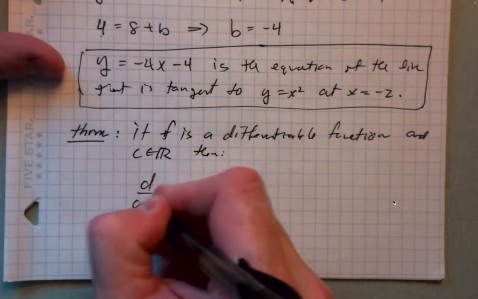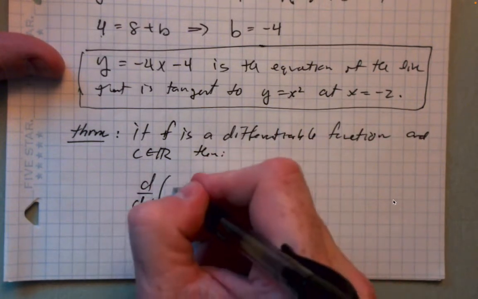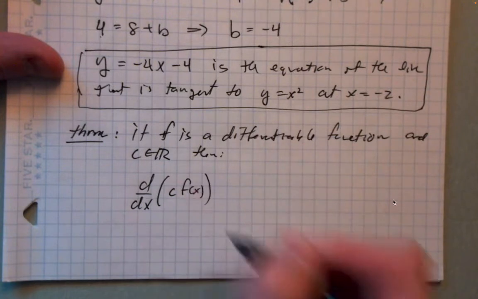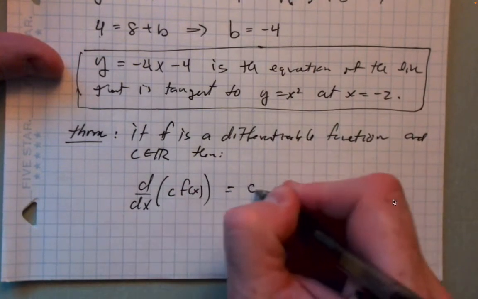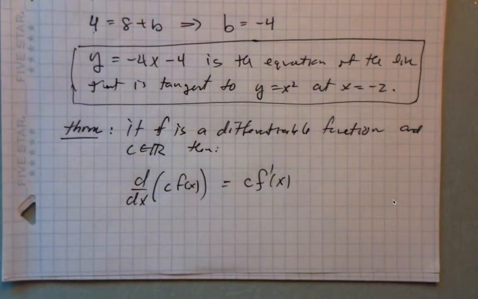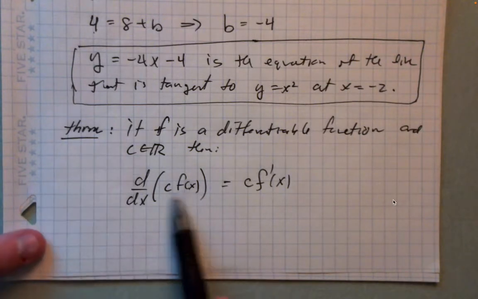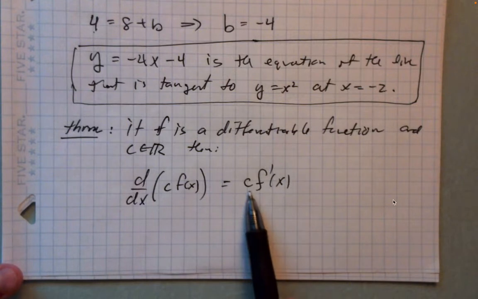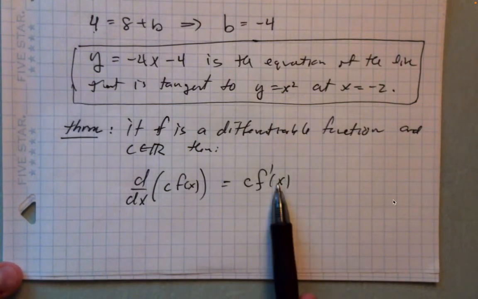So the derivative of a constant times a function f is equal to c times f prime of x. So what is this saying? Well, what it's saying is that if I have a function f that's differentiable and I multiply it by a constant, then the derivative of the constant times the function is the same thing as the constant times the derivative, right?